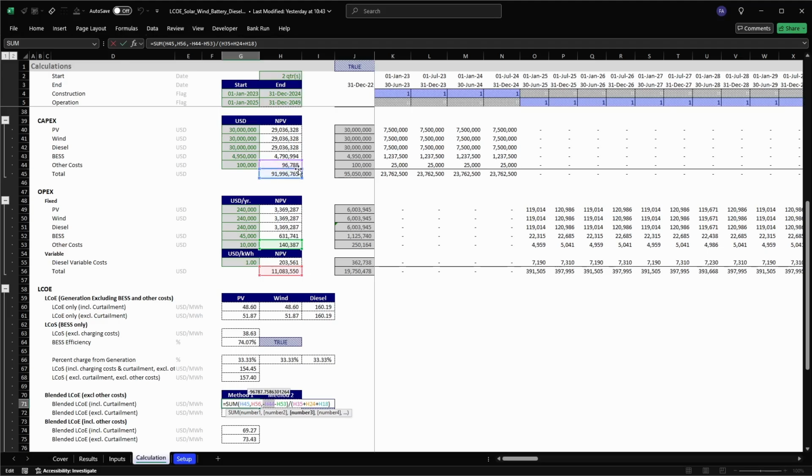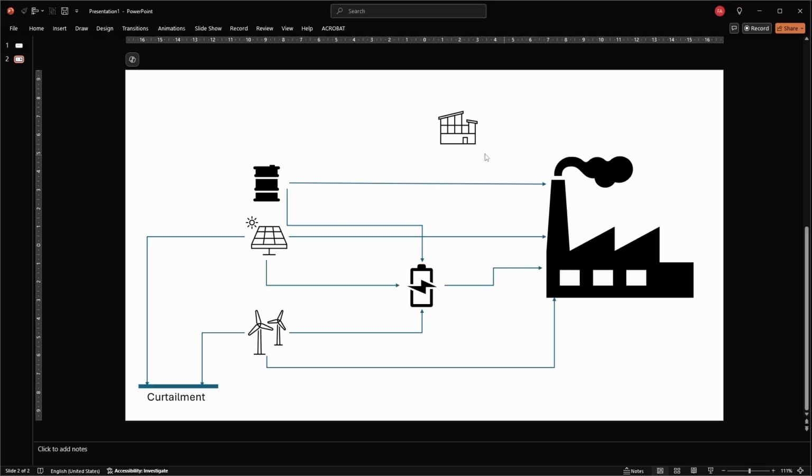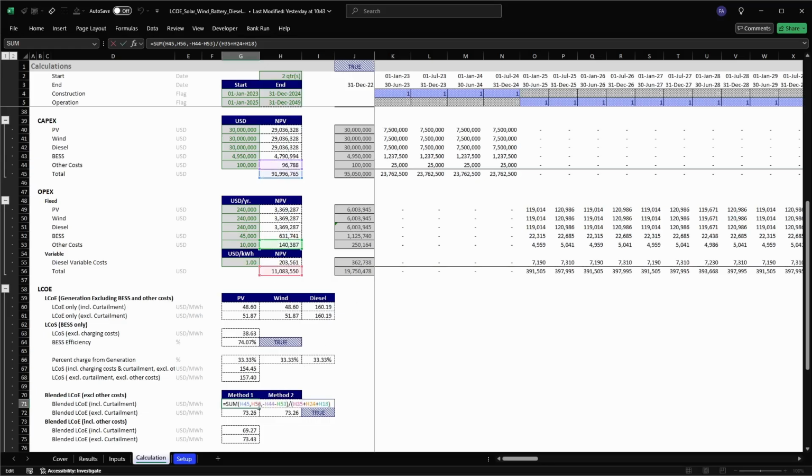Other costs are not part of this. And I'm doing the same for the opex. I'm getting the total opex and subtracting the other costs. All right, so that's exactly what we discussed here. I'm getting all the capex and opex minus the opex and capex for the other costs, which is this cost over here.